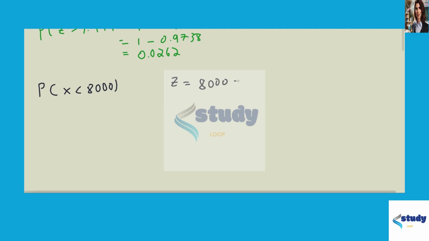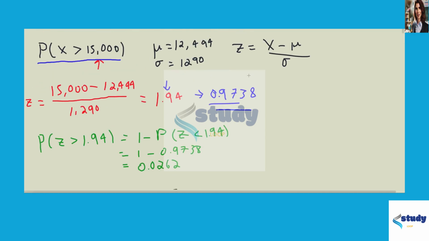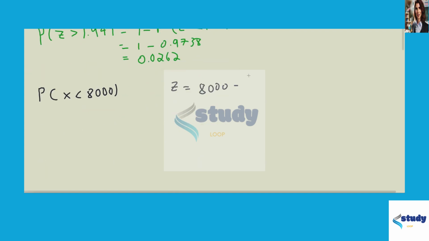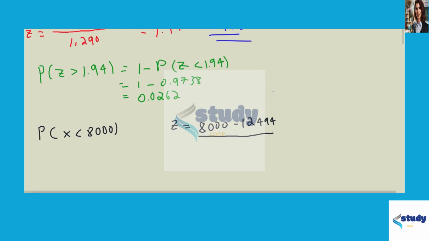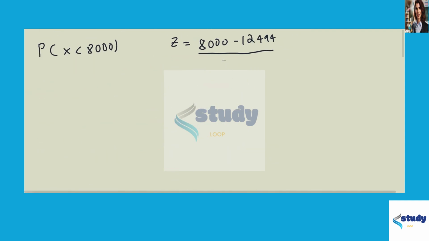So 8,000 minus 12,494 over 1,290, the standard deviation, and we're going to get negative 3.48.